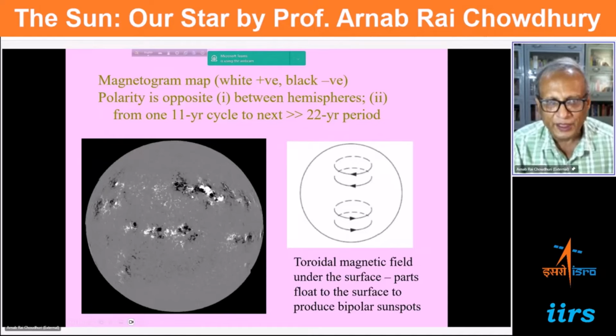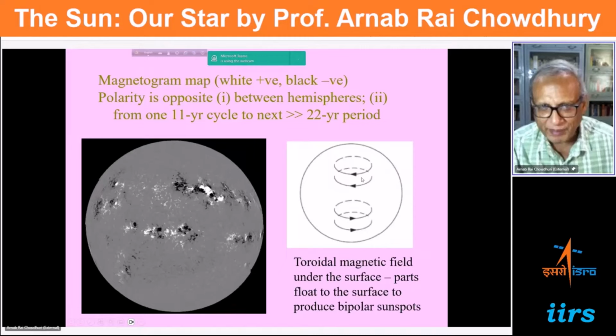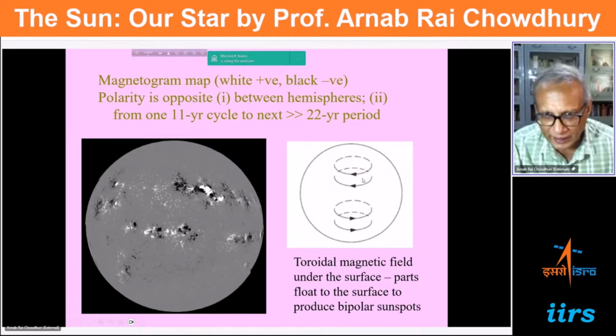If you look at this distribution of magnetic fields inside sunspot pairs, you can almost get a feeling that there must be a magnetic field structure like this underneath the Sun's surface. This magnetic field component, which we call toroidal magnetic field, is in opposite directions in the two hemispheres.